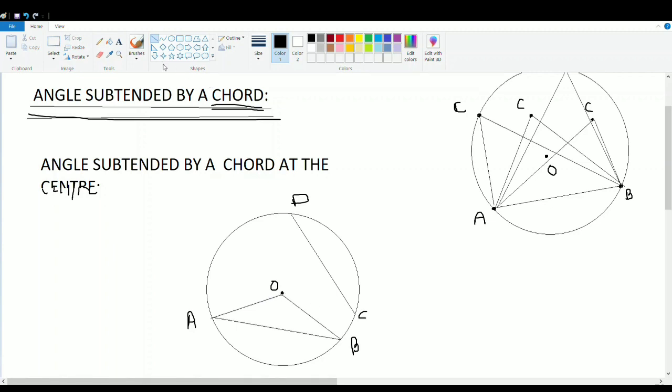The angle so formed is known as the angle subtended by a chord at the center. Alright, so this is the angle subtended by the chord AB at the center. Similarly, if we join DO and CO, this angle is known as the angle subtended by the chord at the center.